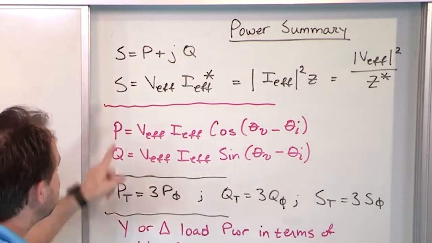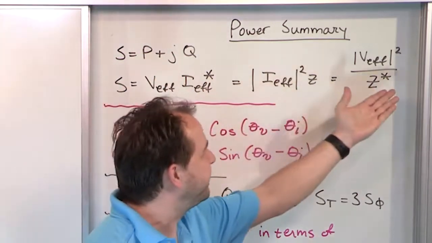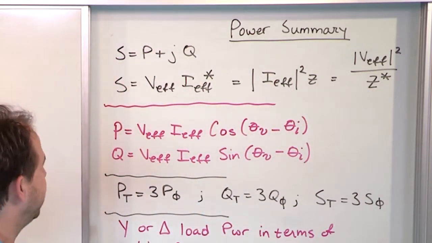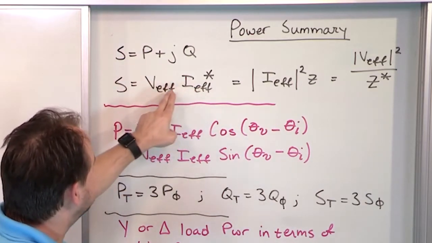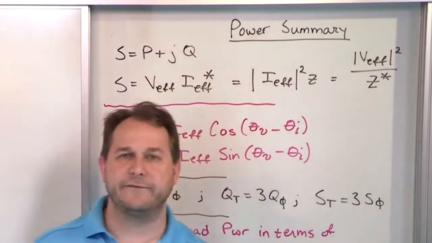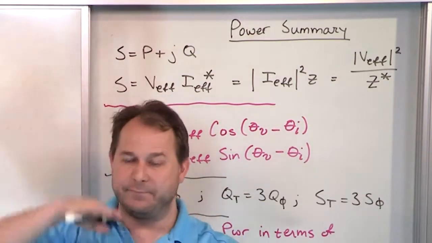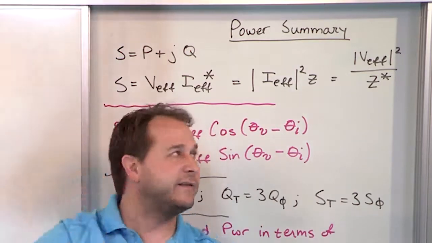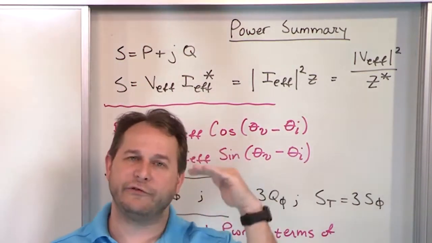Now this complex power consists of P plus jQ, but it can be calculated multiple different ways, just like the resistor example. So here you have V I conjugate. Now notice the "effective" under here, everywhere. This means these are RMS values. If you're using the amplitude of the wave, the peak of the crest, then there will be other factors. But in power calculations, we always use the RMS value.